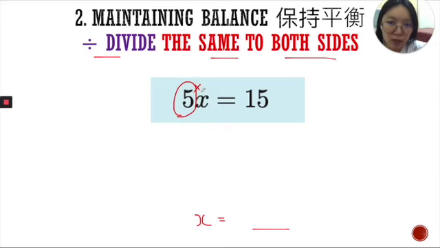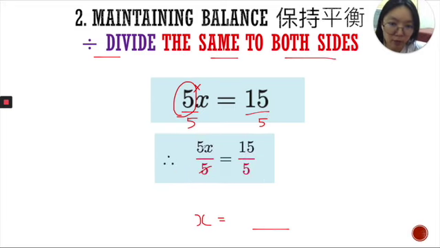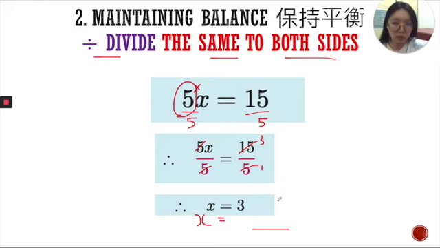So I divide both sides by 5, left divide by 5 and right divide by 5, so that I can cancel them off. 5 over 5, 15 over 5 is 3. Therefore, I'll get x equals 3.